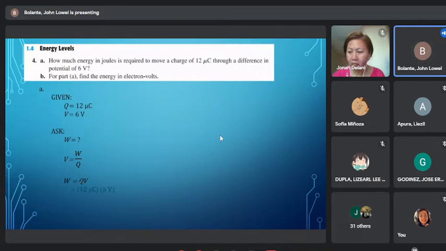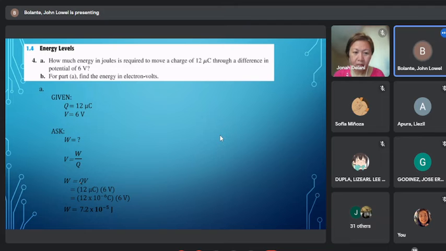So substitute the values, which is 12 microcoulomb times 6 volts. And we all know that micro has a prefix of 10 raised to the power of negative 6. So 12 times 10 raised to the power of negative 6 coulomb times 6 volts.